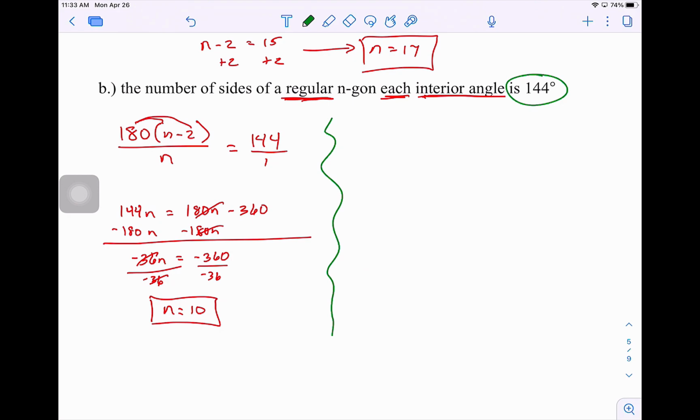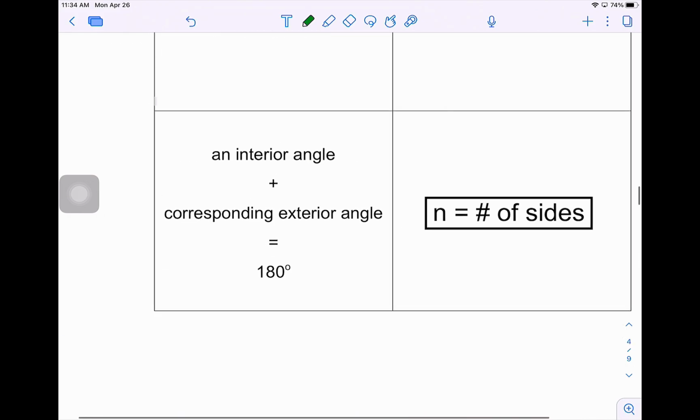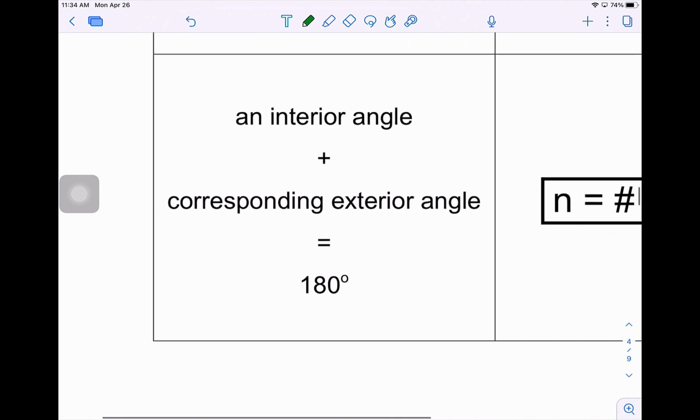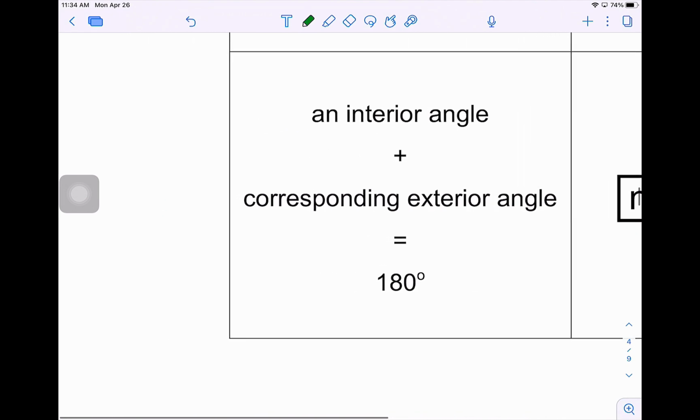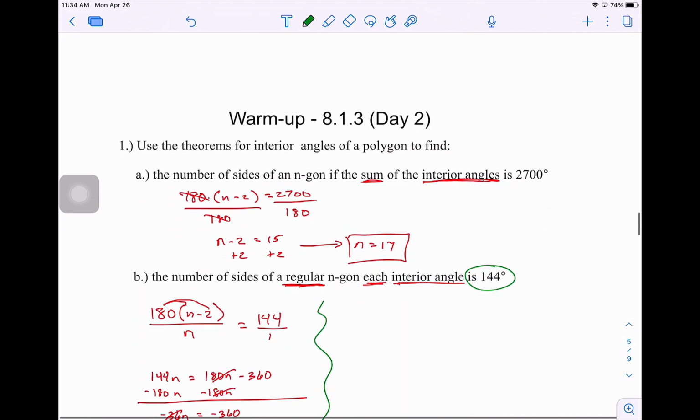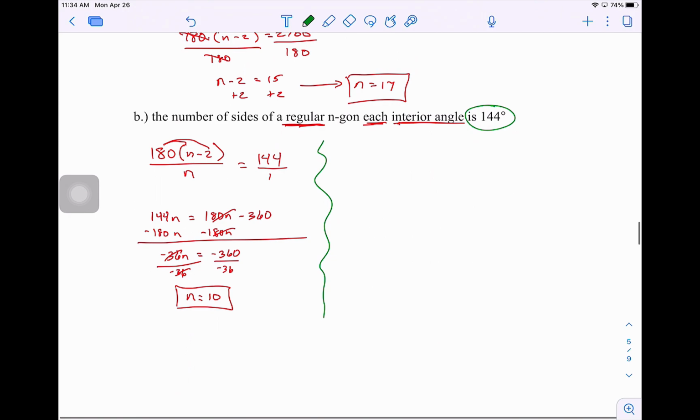Okay, so what Jackson recognized right away was that if each interior angle is 144, well, don't forget, right here, each interior and exterior angle add up to 180 degrees, which means the exterior angle then happens to be 36 degrees.